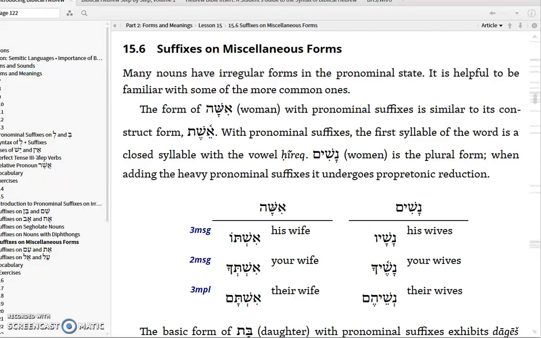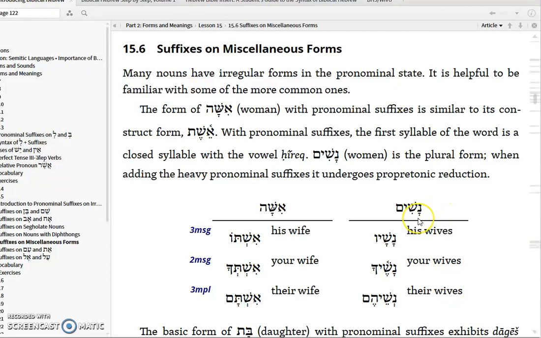Any of those that are doubled followed by a vocal shava will often lose its doubling, and the shava becomes silent. So ishto is his wife, and ishtaka is your masculine singular wife, and ishtam would be their wife.